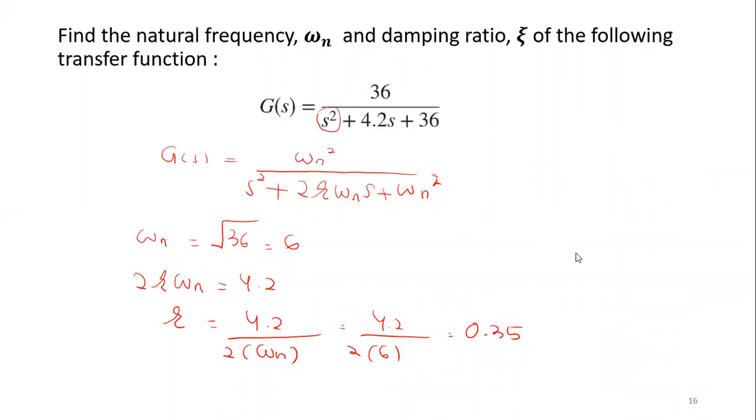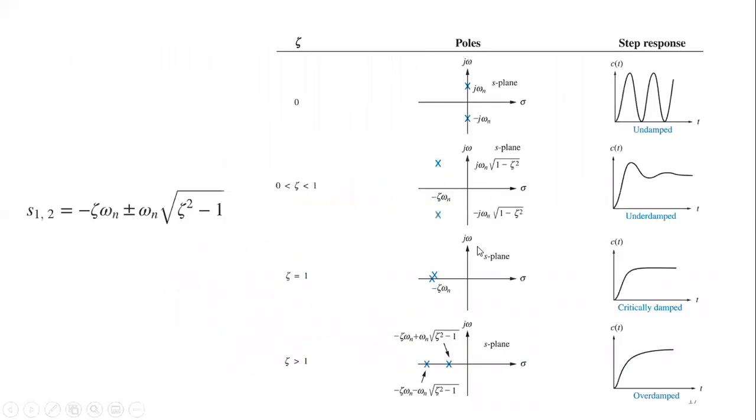So when we get a 0.35 damping ratio, there is something that we can actually analyze. In the textbook, it gives you a table, Table 4.11, Figure 4.11.